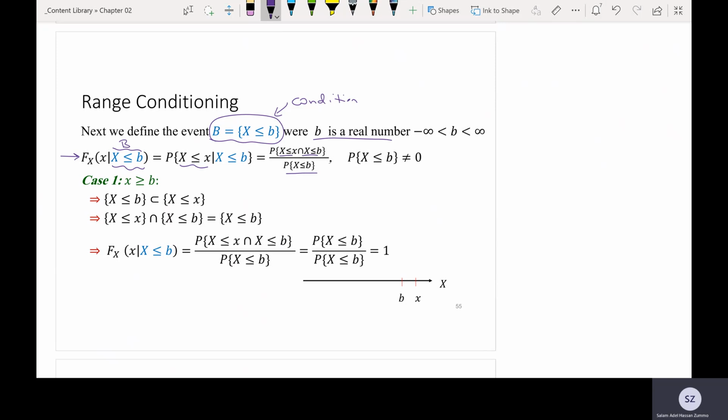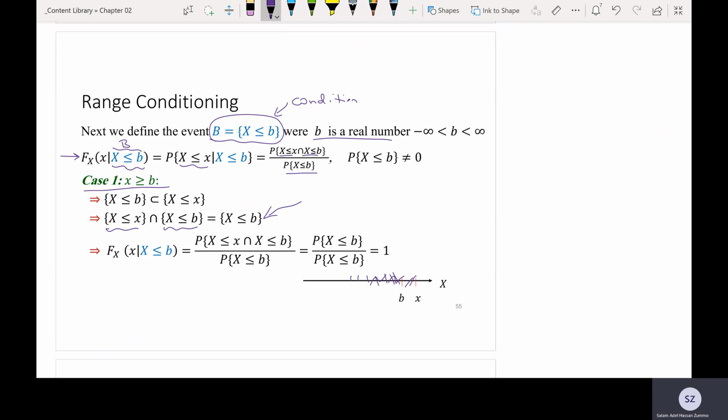So let's see the first case. Case number 1, when x is larger than or equal to B. Basically, if you look at the real line, x is larger than or equal to B. So it means that the event X less than or equal to number x intersect X less than or equal to B is just X less than or equal to B. This is the result of the intersection.